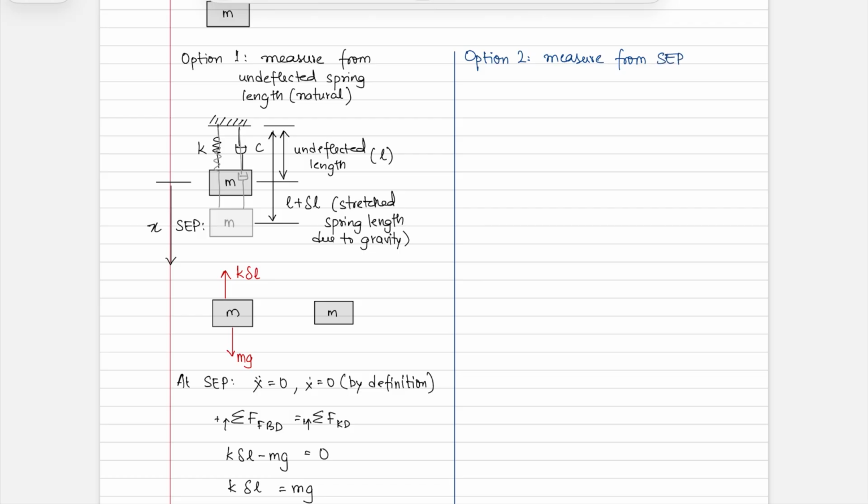Okay, so this here, on the left-hand side, I'm going to say is undeflected. And now I'm going to draw the same thing, except I'm going to be measuring from the SEP itself.